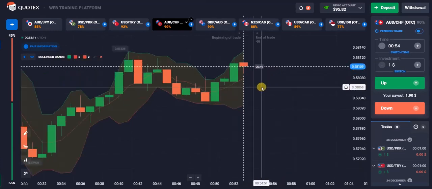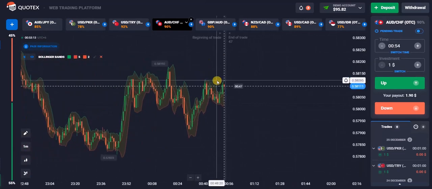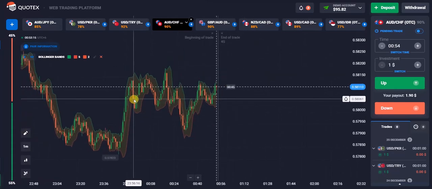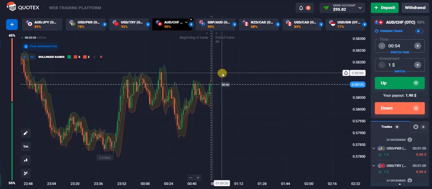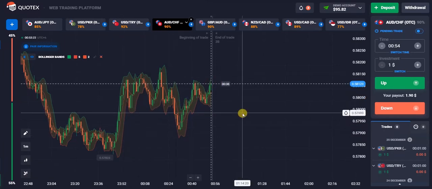Okay, we have found another one, and this is almost a sideways market. The major trend is upward, but the minor trend is sideways.